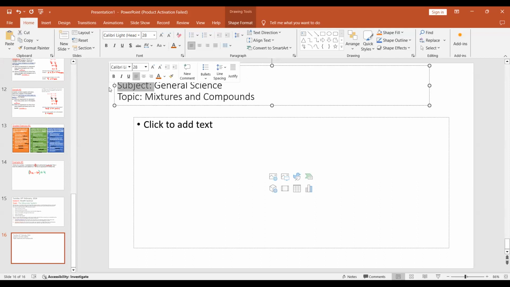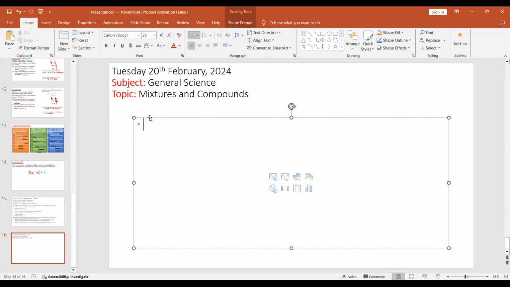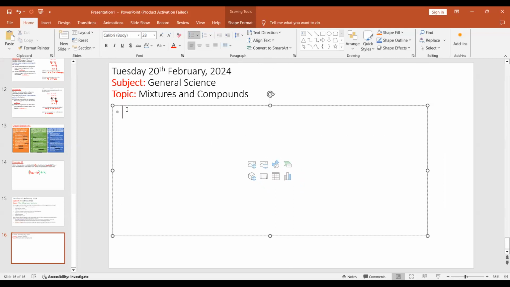We're going to be looking at mixtures and compounds. So let's start off with the definition of mixtures.